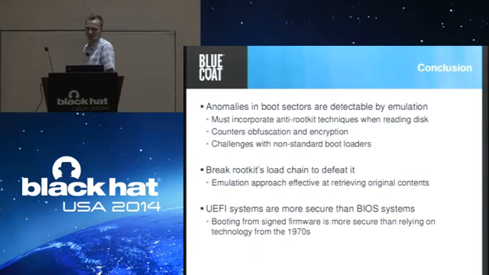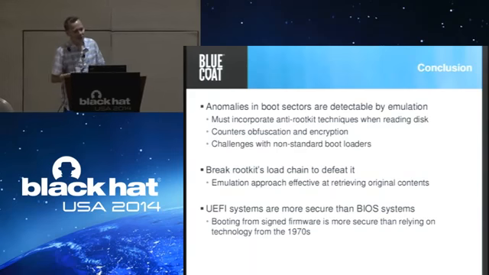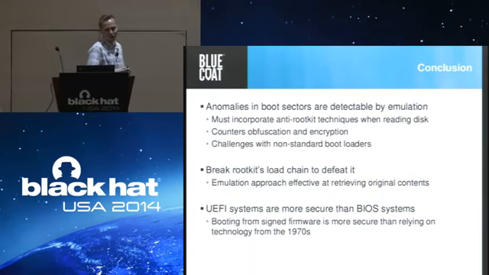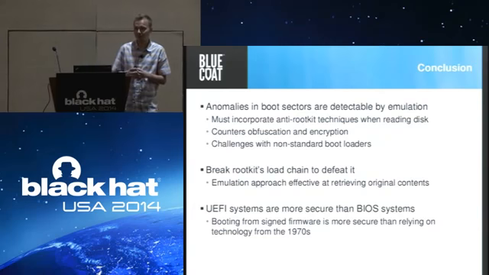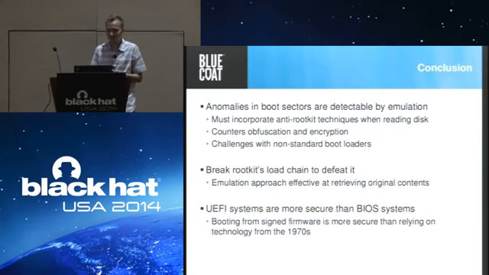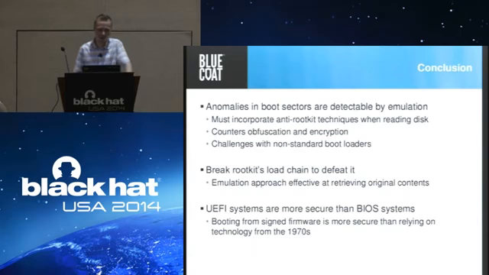So it's not really a challenge. But it does have some challenges with the more non-standard bootloaders. Fair enough. If you want to disable the rootkit, just break its load chain. And again, emulation is a nice, efficient way of retrieving the original one in order to enable you to do that.